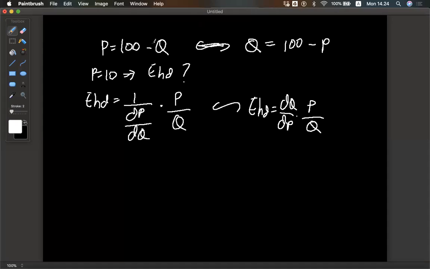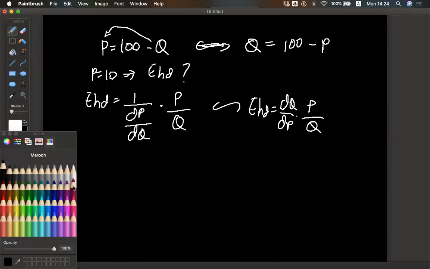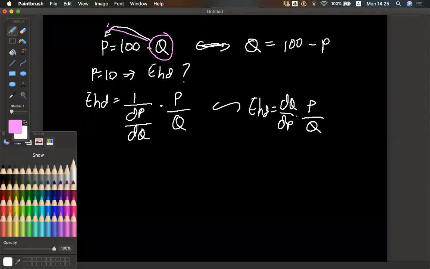Move the Q over there and the P to the other side, so minus becomes plus, plus becomes minus. This is just the same, right?